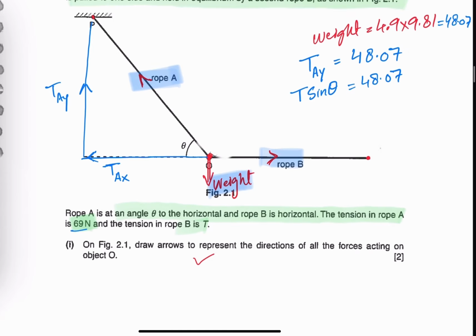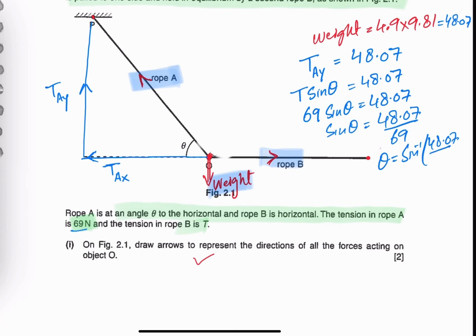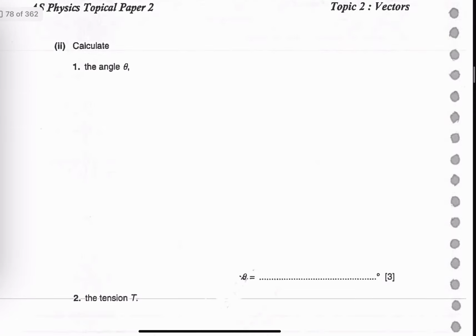So 69 sine theta equals 48.07, so sine theta equals 48.07 divided by 69. Theta equals sine inverse of 48.07 divided by 69. The answer will be 44.1 degrees.